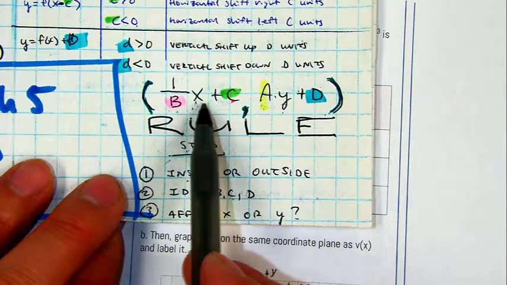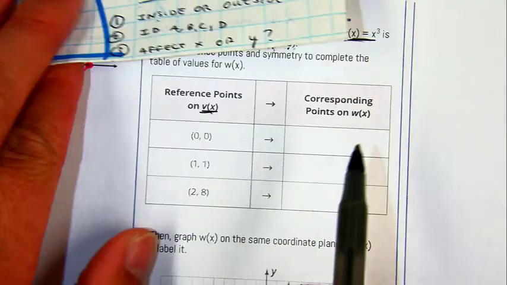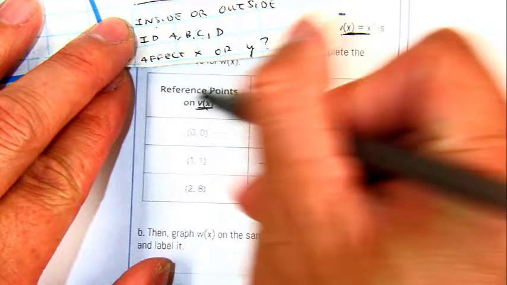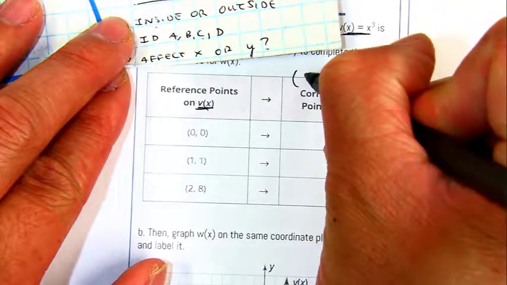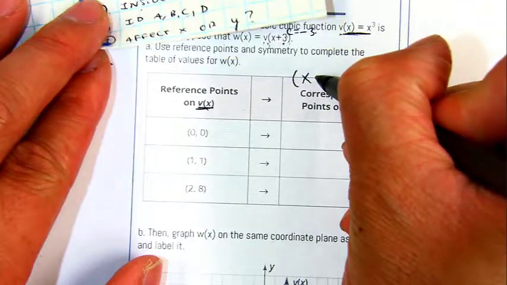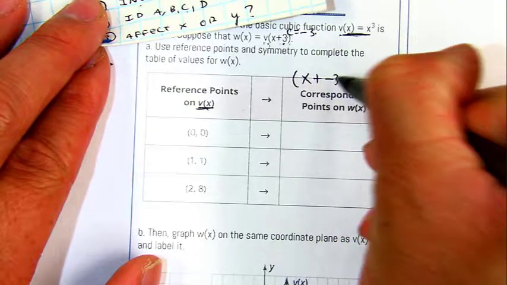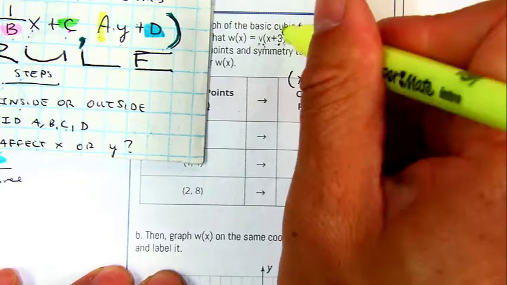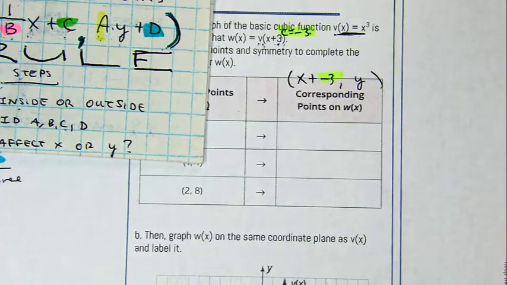So I have this rule here, and essentially what you do with your c value, you're going to add the c value. So if our c value is negative 3, you're just adding it to x, or x minus 3.